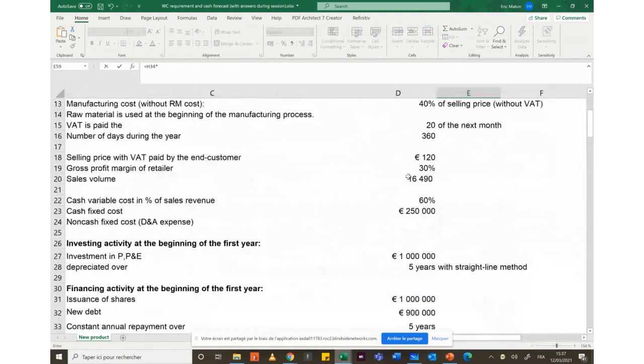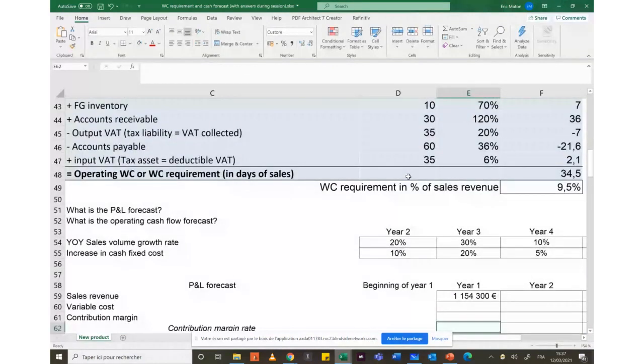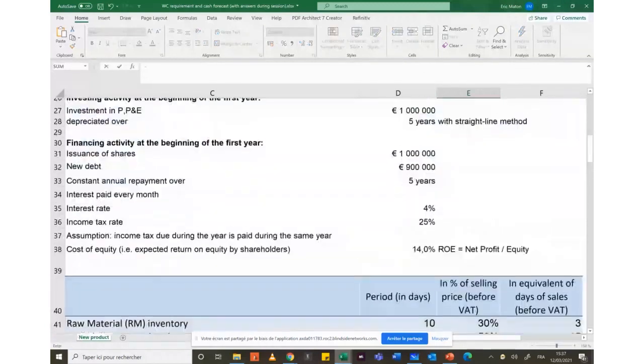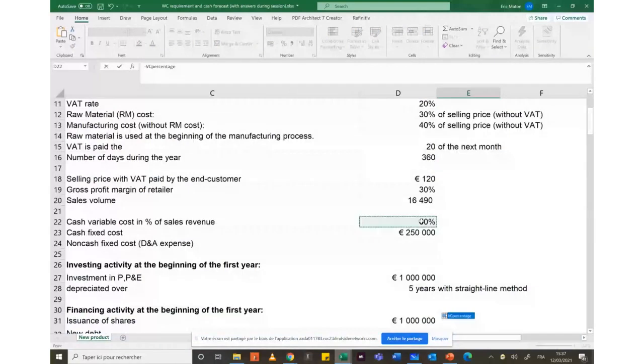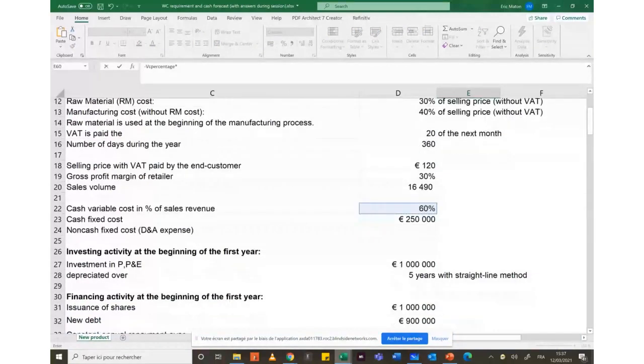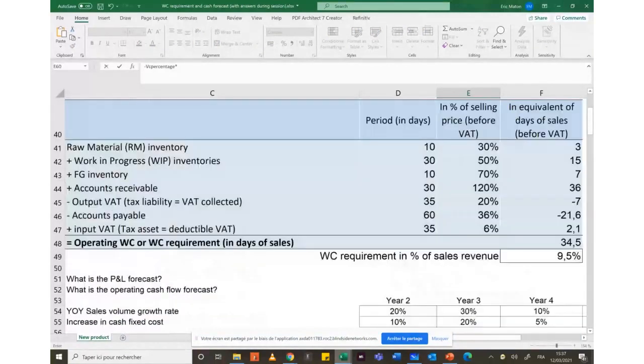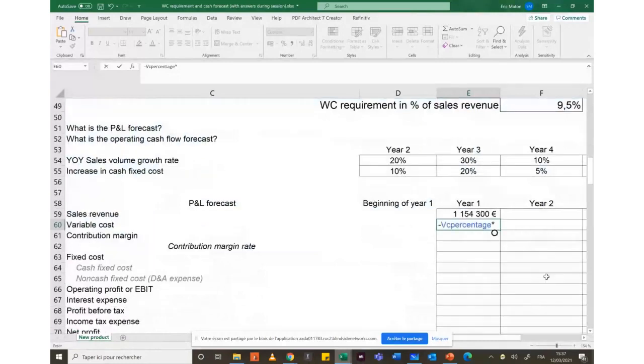In the variable cost, say we estimate it's equal to 60% of the sales revenue, or of the selling price if it's a unit variable cost. So the contribution margin is the rest. The contribution margin rate is the contribution margin divided by the sales revenue.